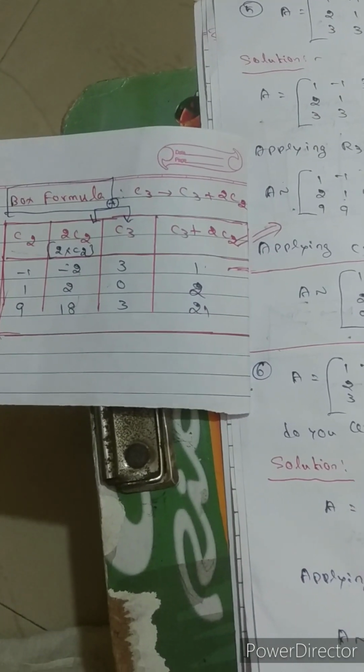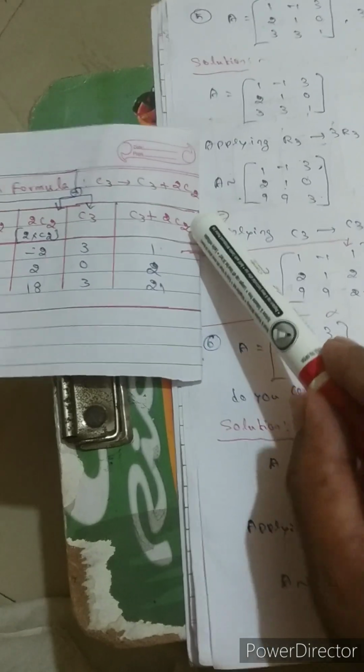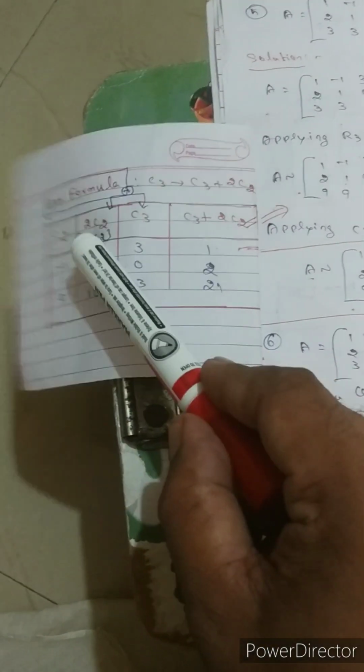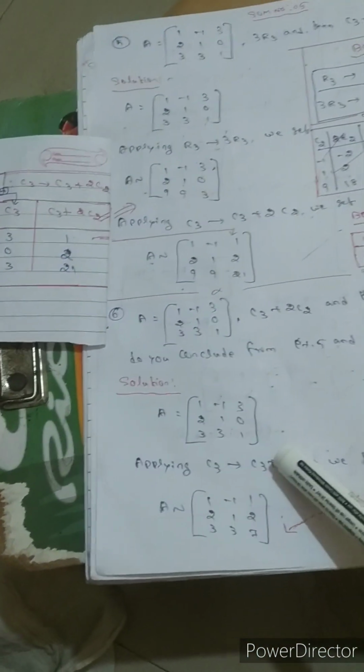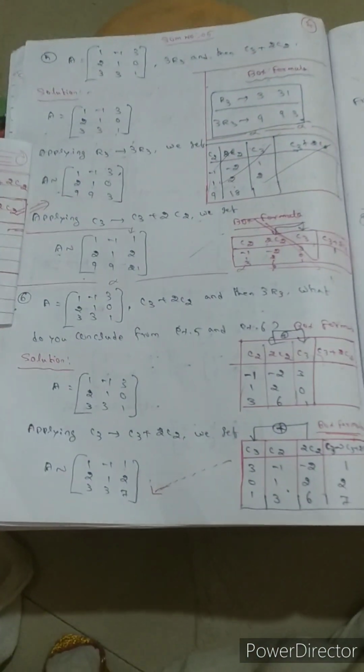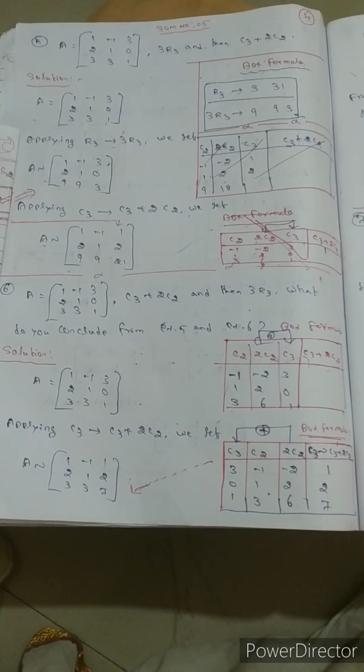C3 gives C3 plus 2C2. First, C3 plus 2C2. Next C3, 2C2, C2. C2 into 2, 2C2. Minus 1 into 2, minus 2. 1 into 2, 2. 9 into 2, 18. The sum number 5, and same like that, box formula creations.